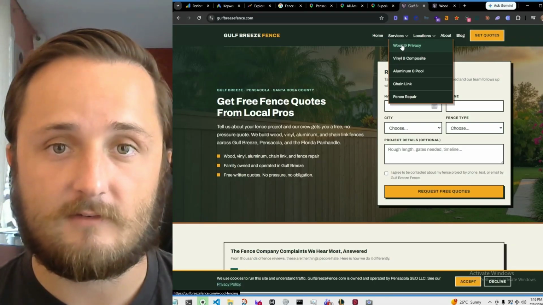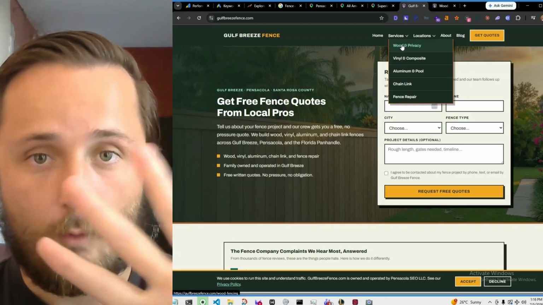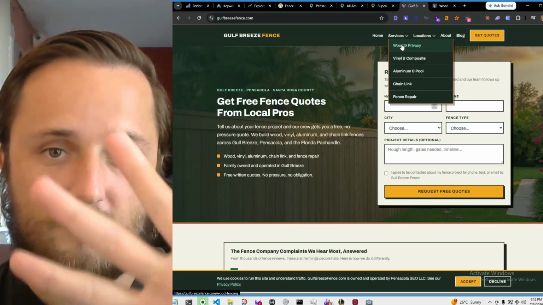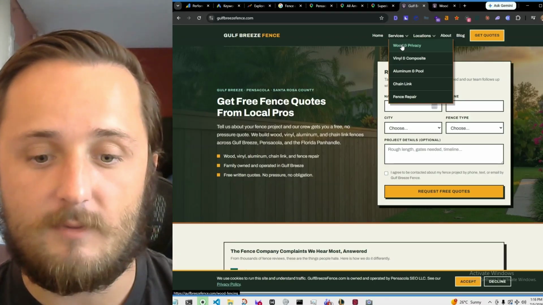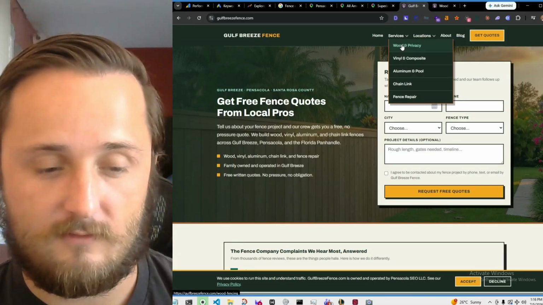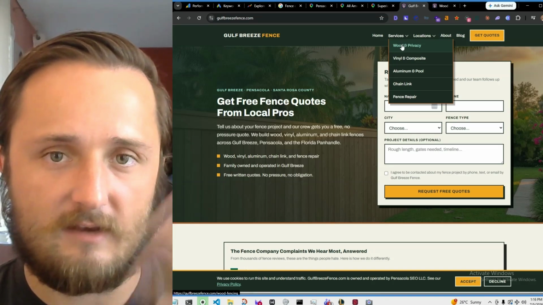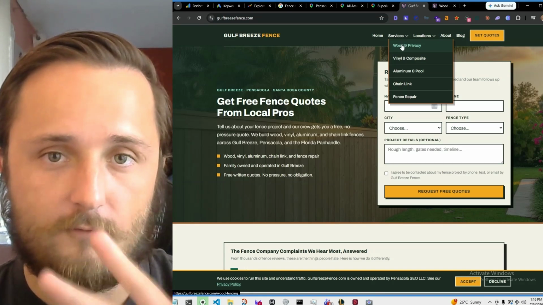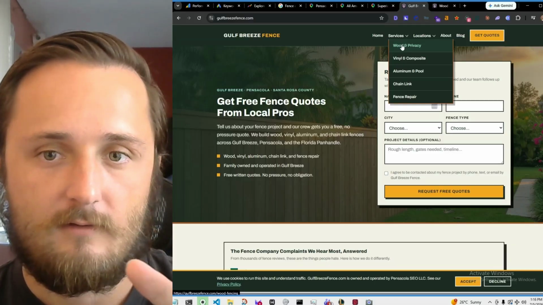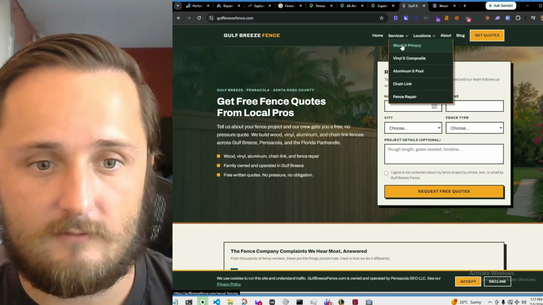Basically, you can have 4 different versions of your site that Google is coming to ping and seeing, okay, why are all these pages the same? Why are all these pages identical? There's 4 versions of this website, and it's just going to tank your rankings.